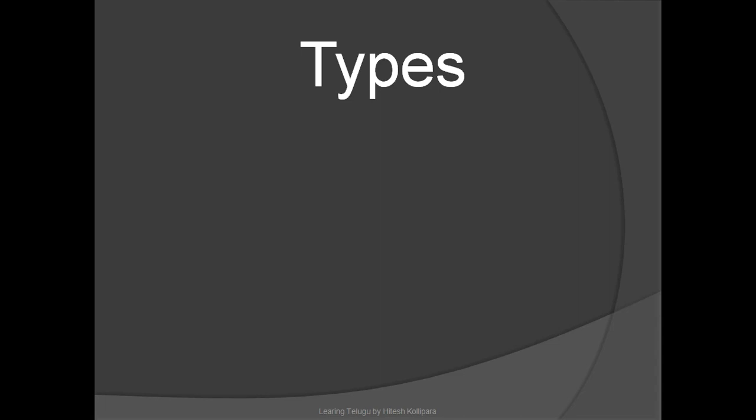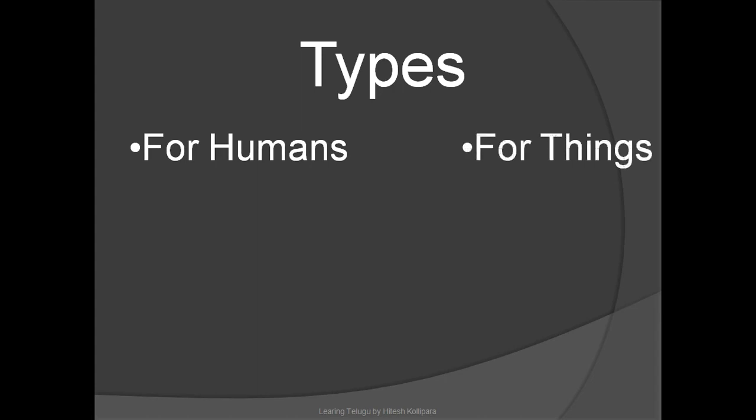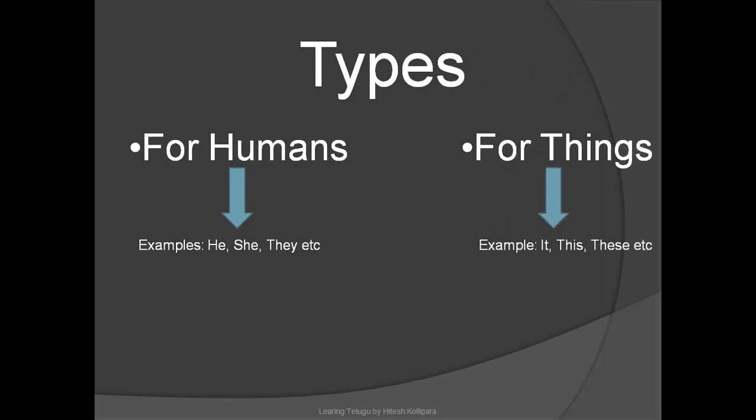Type 1 that we use for humans and type 2 that we use for things or objects. Let us see the examples of pronouns for humans: he, she, they, etc. Then what about things? Here are those examples: it, this, these, etc.